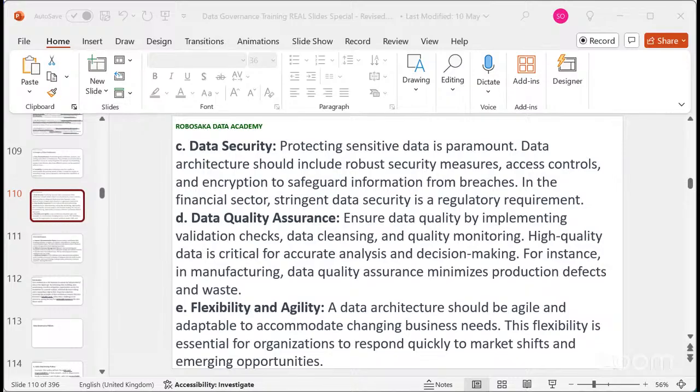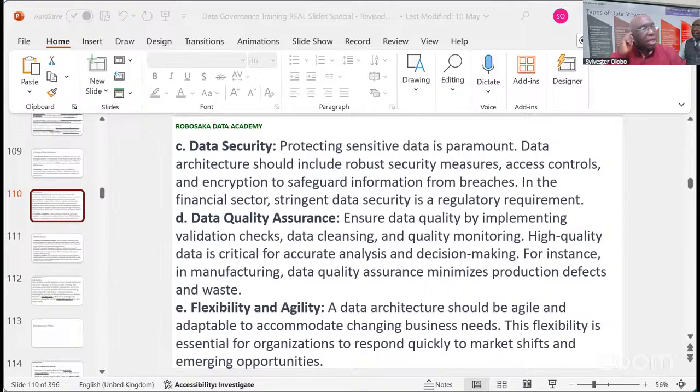So I just want us to relate the definition and also the practical aspect of it. We know that data security is the practice of protecting digital information from unauthorized access, like what Paul said, corruption, and even theft throughout its entire life cycle.